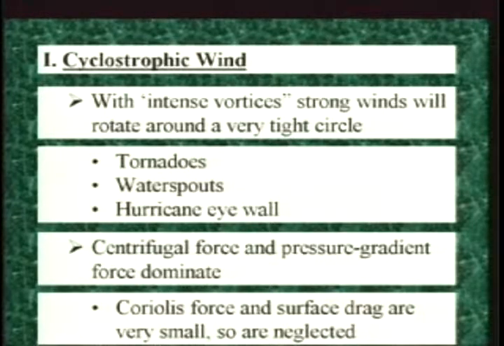Centrifugal force and pressure gradient force. If you think about it, a hurricane has an eye wall. Within that eye wall, you have a very tight pressure gradient. We're also dealing with the spin, or the round cylindrical form of the system. Those dominate. Any effect from Coriolis force is going to be canceled out by that.